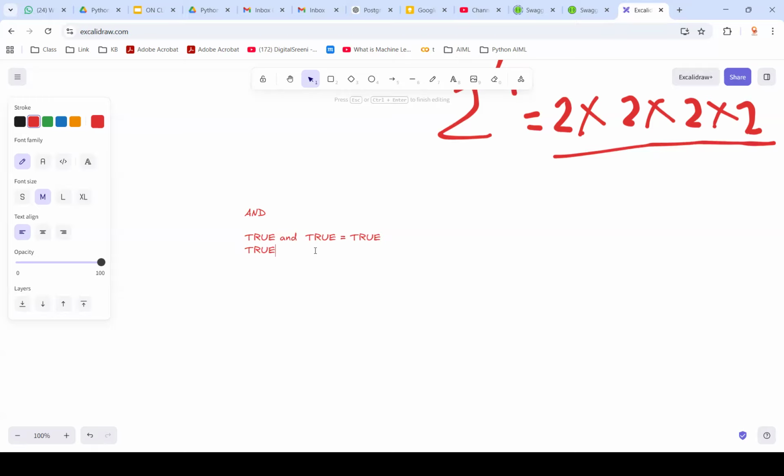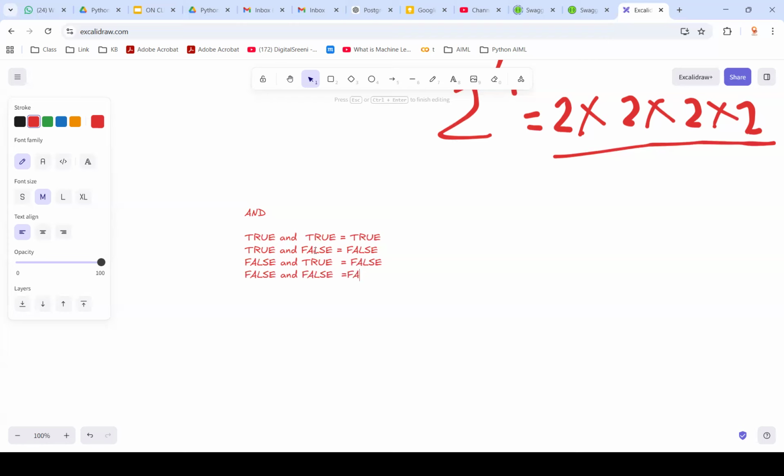If your first statement is true and the second statement is false, then the overall answer will be false. If the first statement is false and the second statement is true, the overall answer will be false. The fourth case is false and false is equal to false.